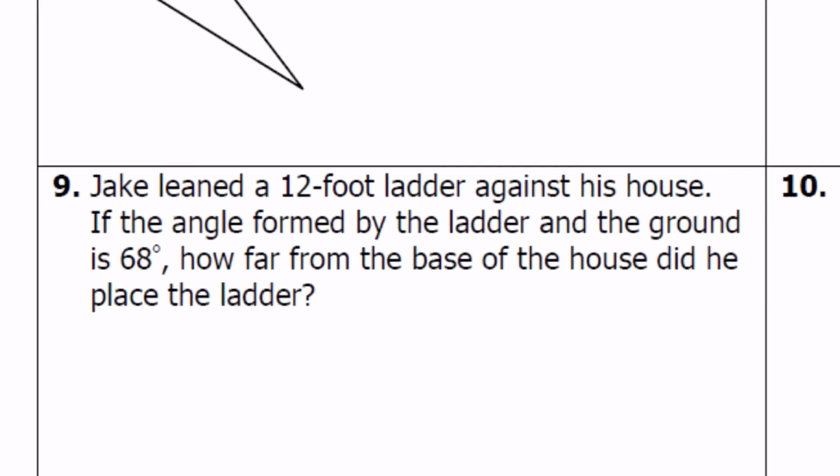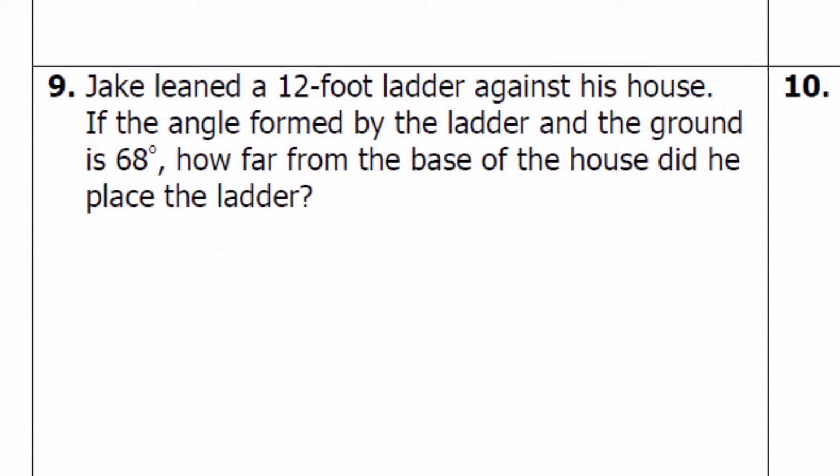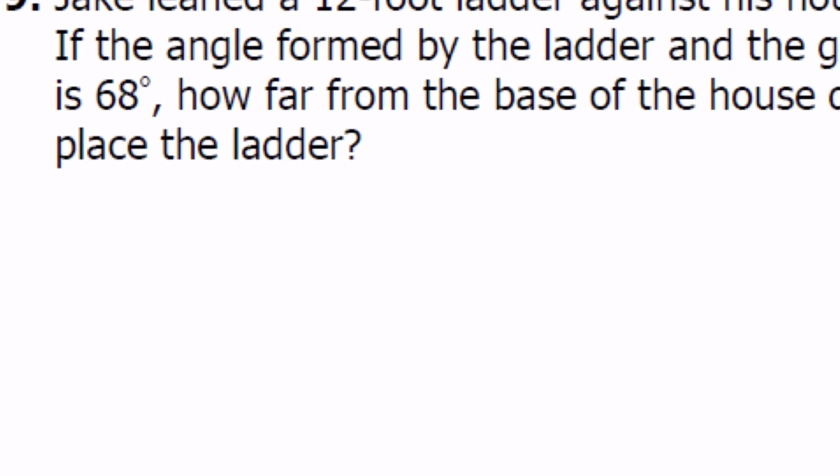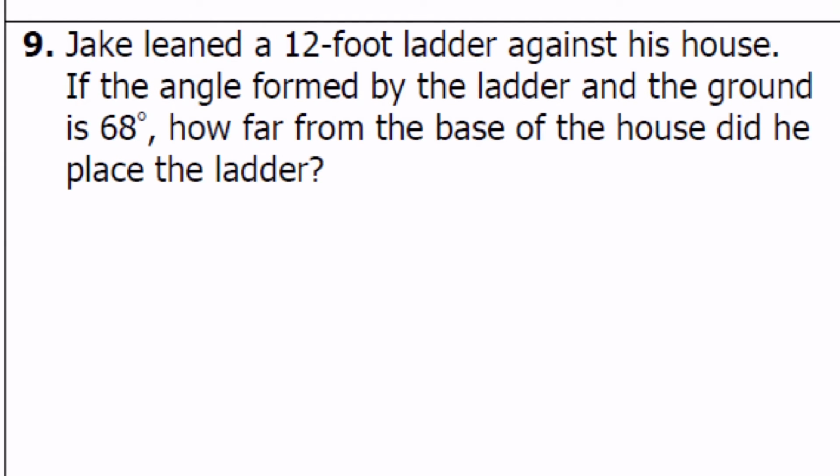So then I want to look at number 9. Again, word problems are not scary, guys. Don't get so scared. All right, I'm going to draw my picture. I'm going to show my sweet art skills. Jake leaned a 12-foot ladder against his house. If the angle formed by the ladder and the ground is 68 degrees, how far from the base of the house did he place the ladder?